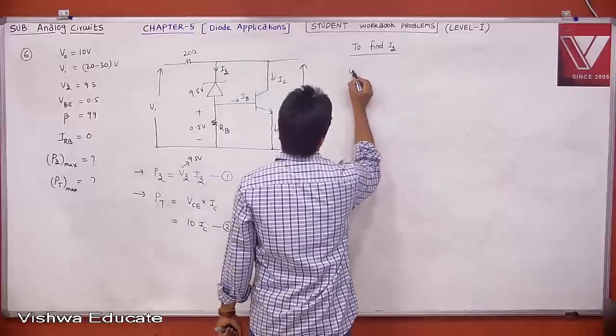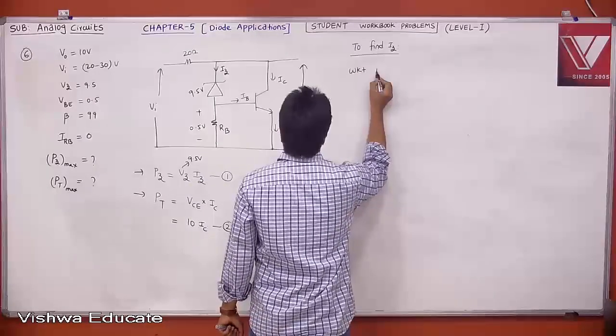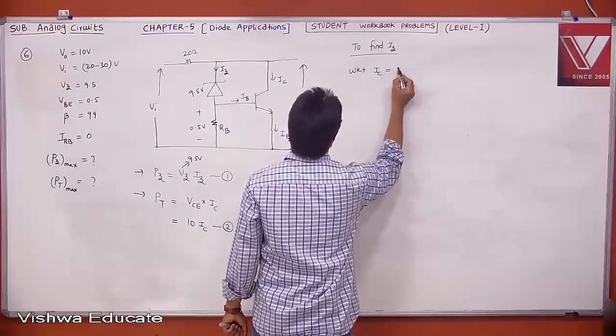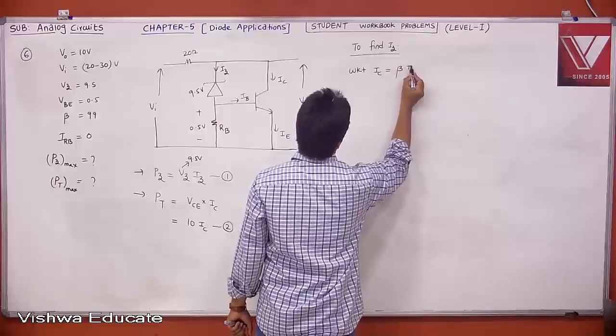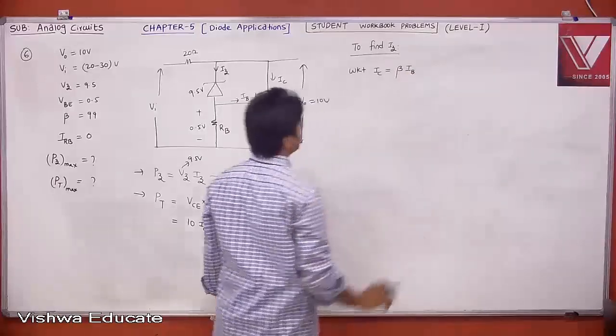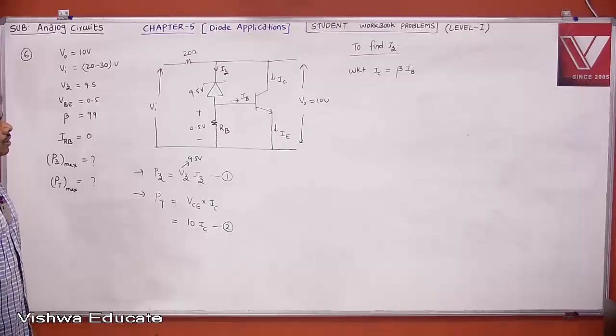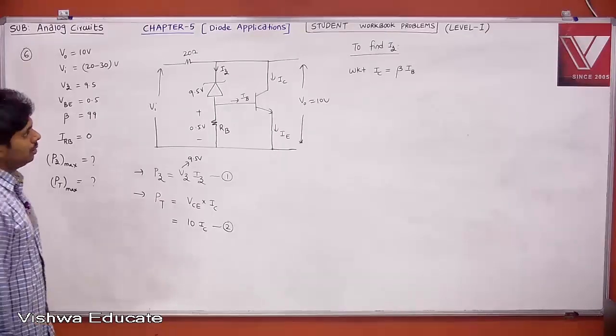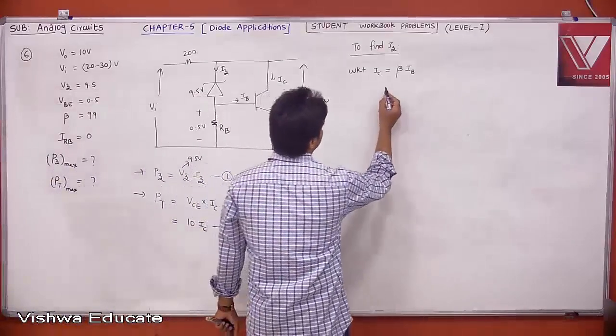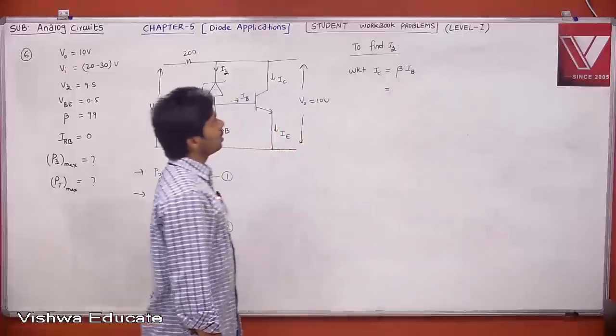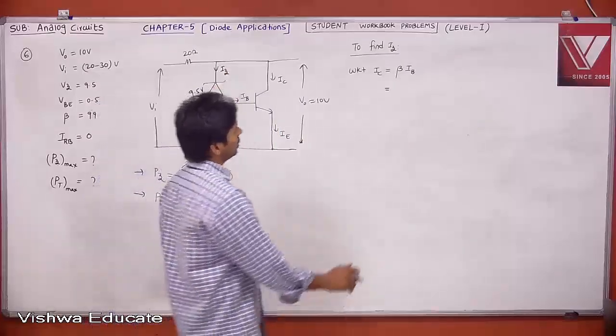We know that the collector current IC is approximately equal to beta into IB. This is your collector current. Now tell me what is your IB? IB is nothing but Iz.